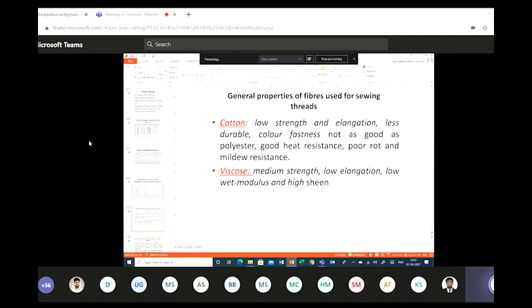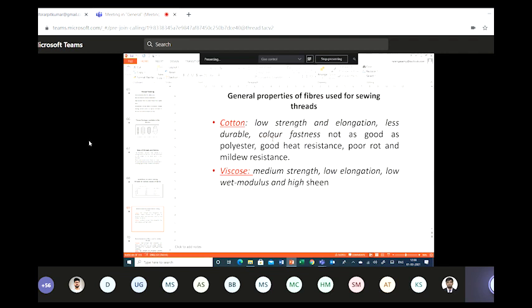Now coming to broadly the general characteristics of threads based on the polymer. Cotton thread, as you know, is low strength. Elongation is hardly less than 8%, and because of low strength, they are less durable. And the color fastness of the cotton thread is not good like your polyester thread.